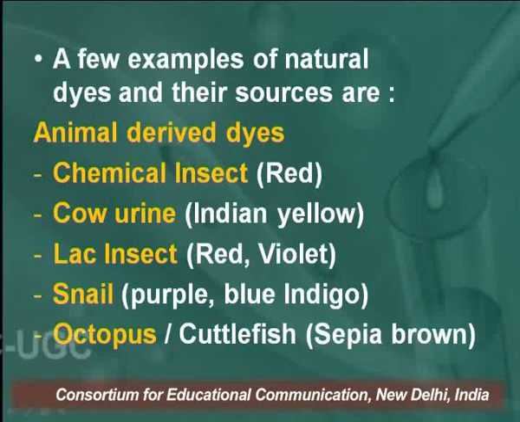One is an insect, the Kermes insect, and from that insect we can get red dyes. Similarly, cow urine. In ancient times, the Indians used to produce Indian yellow from cow urine. And what was the procedure?